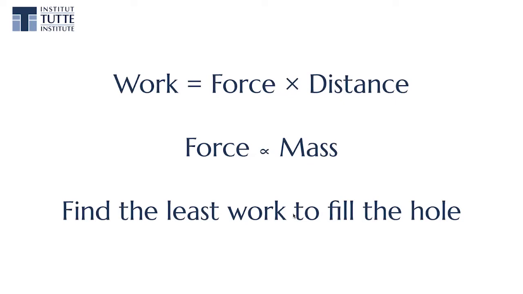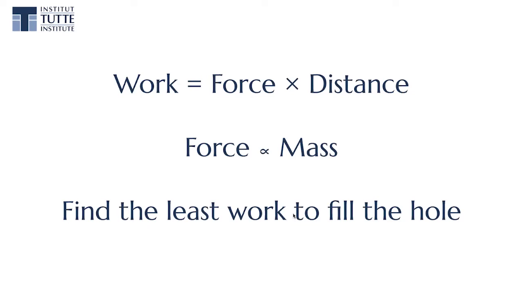If we want to think about the amount of work it's going to take, well, work is force times distance. Our force here, we're going to just assume is effectively constant, so that acceleration is effectively constant. So our force is just proportional to the amount of mass we have to move. So it's really just the mass times the amount of distance we have to move it to fill the hole. And we want to find the least work to fill the hole. And that's really all that's going on here.